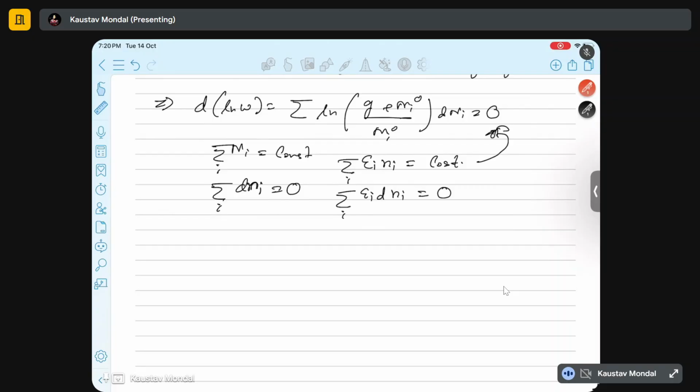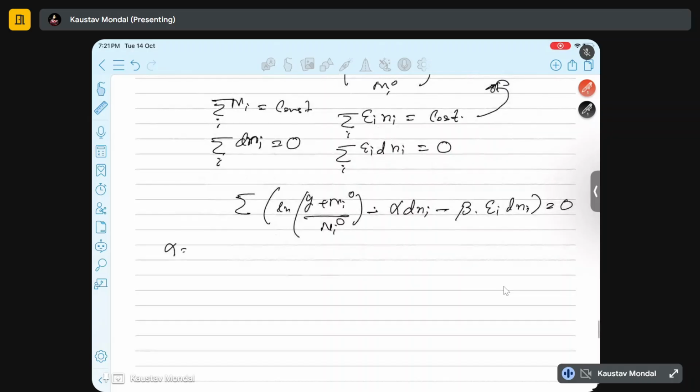After doing that, we get the summation over ln of (g plus Ni0) over Ni0, minus alpha times the first constraint, minus beta times the second constraint, epsilon i dNi, equal to 0.